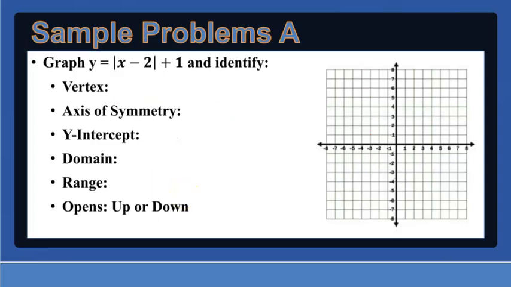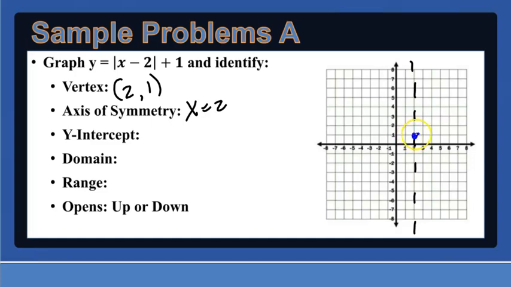Next, graph y equals the absolute value of x minus 2, plus 1, and then identify the following. My h is going to be 2, and my k is 1. So the axis of symmetry is x equals 2. So if I go to my coordinate plane and draw the axis of symmetry at 2, my vertex is at (2, 1).